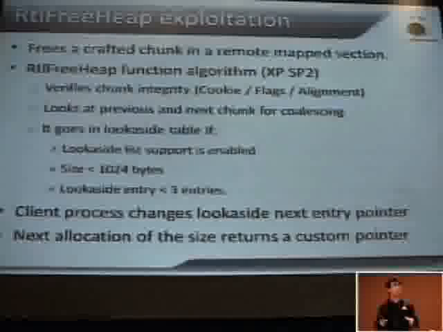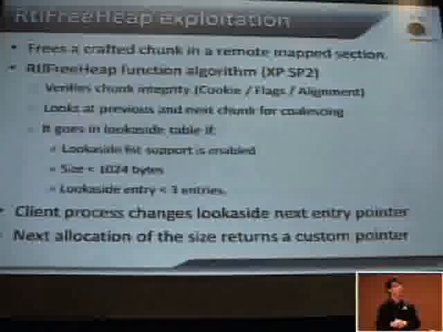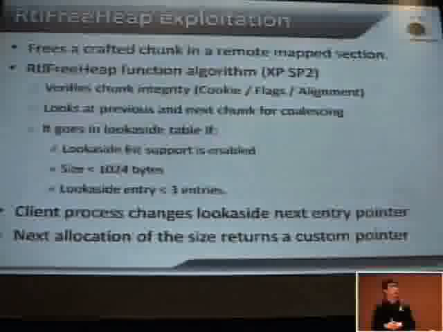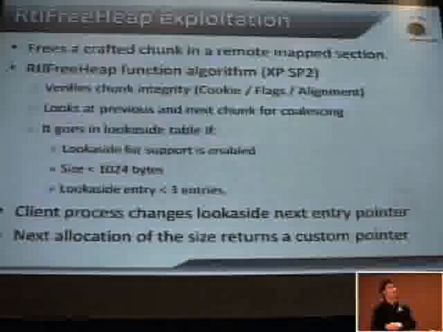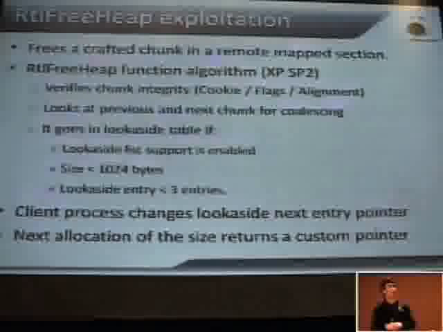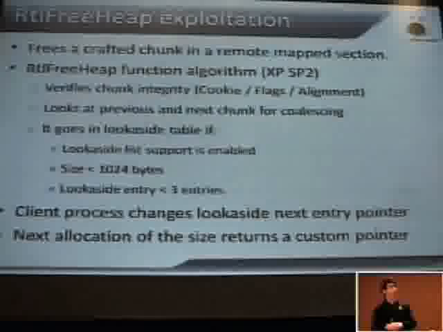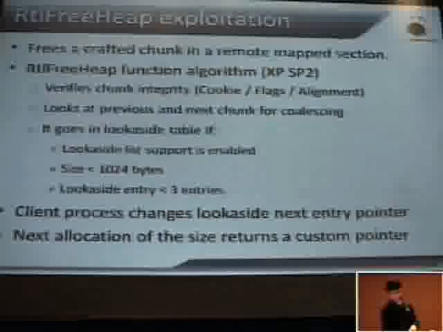So we are able to corrupt this list and return a custom pointer from the allocation, and then overwrite part of the memory. In order to do that, we have to create a valid chunk, and the valid chunk must have a valid cookie, valid flag, and valid alignments.